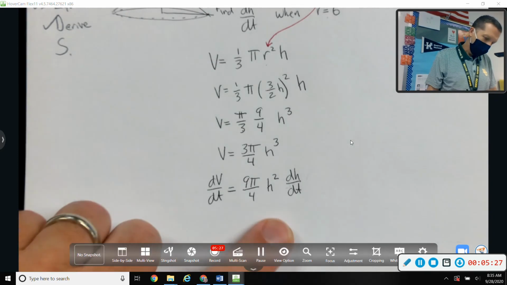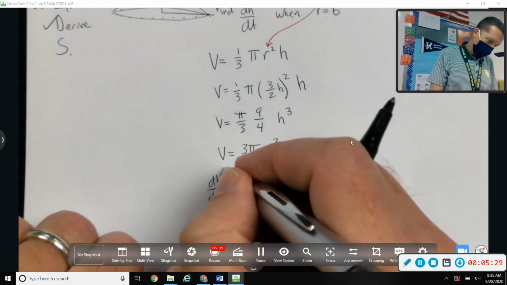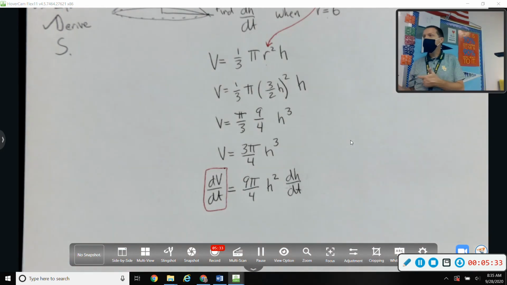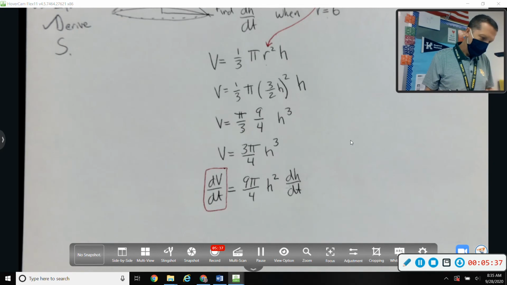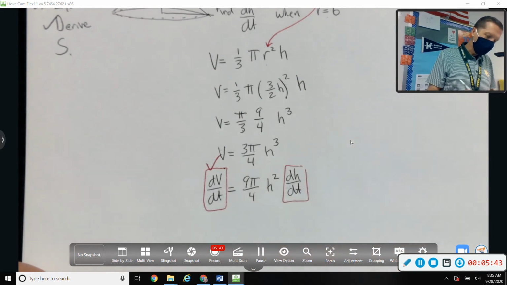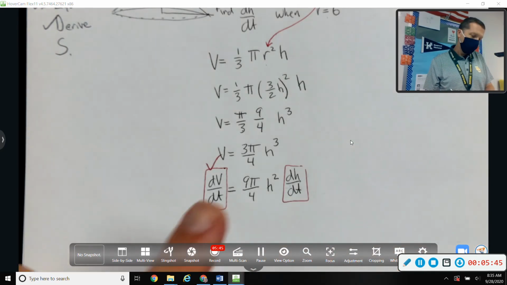Let's see. I like to circle or box what I'm looking for. And then I better have everything else so that when I substitute in, I can find this stuff. Oh, I boxed the wrong thing. Because I know dV/dt, I'm looking for dh/dt. Which means I better know h.